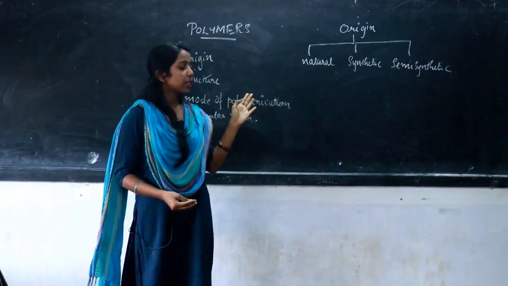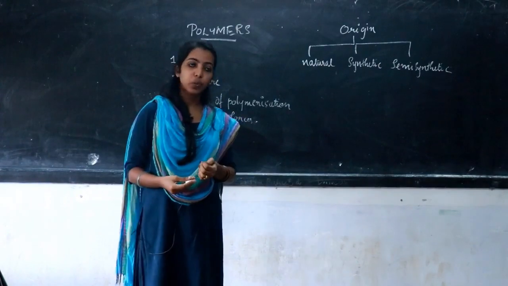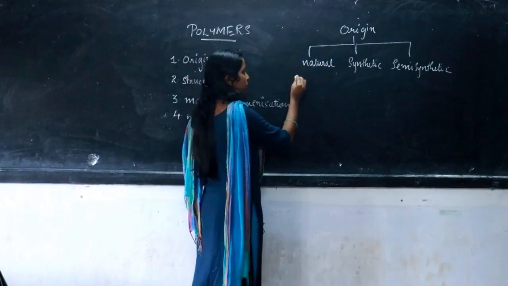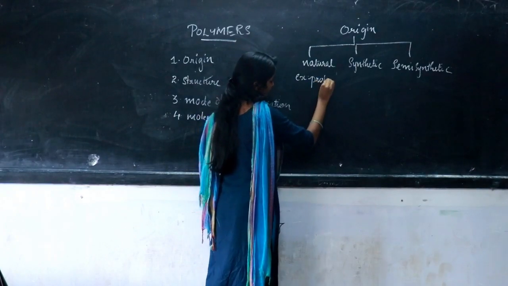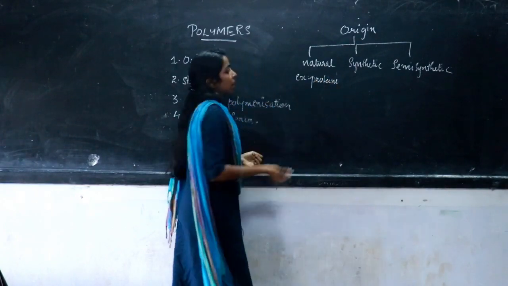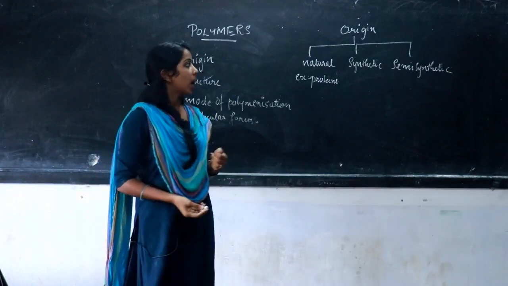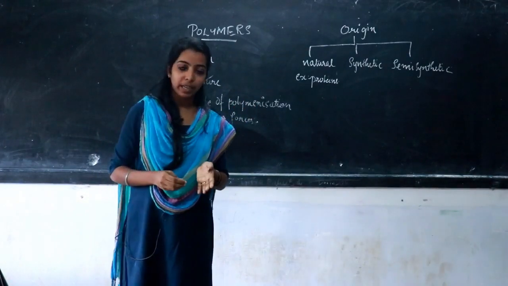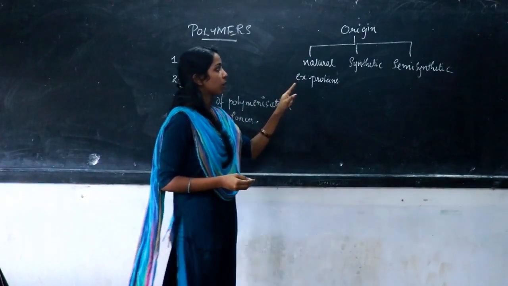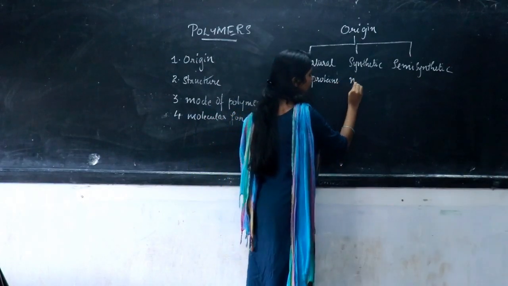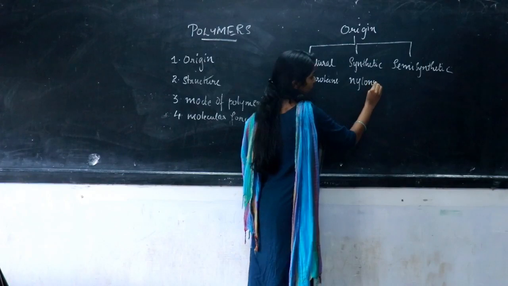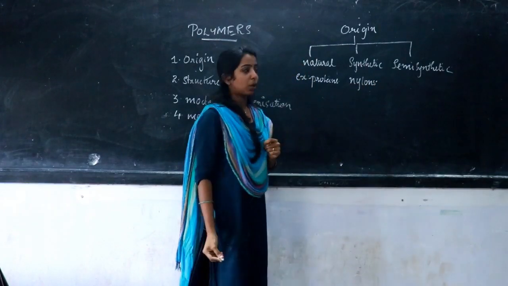The polymer that you get from nature is known as natural polymer. For example, starch, proteins, etc. Now synthetic polymers. Polymers which are man-made or artificial are called synthetic polymers. For example, nylons.